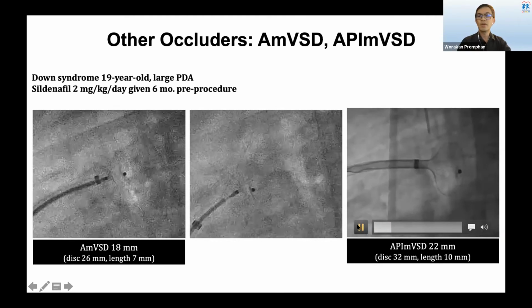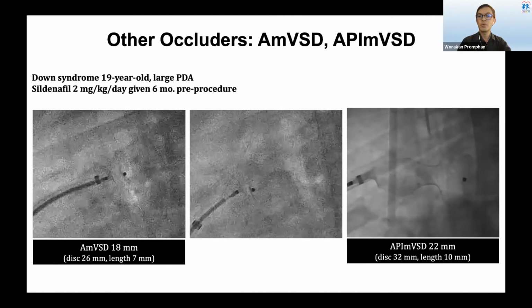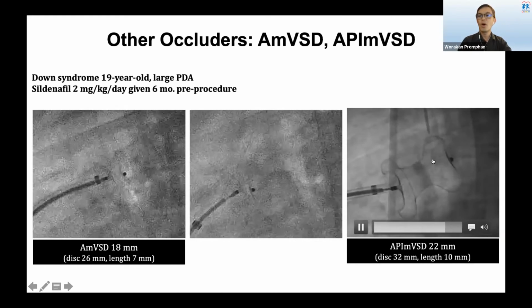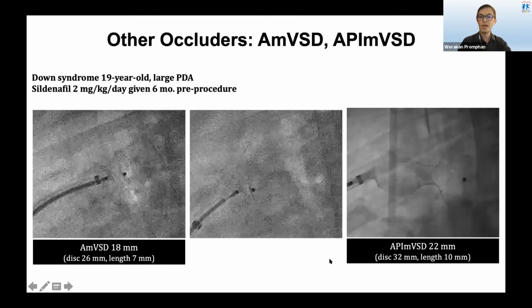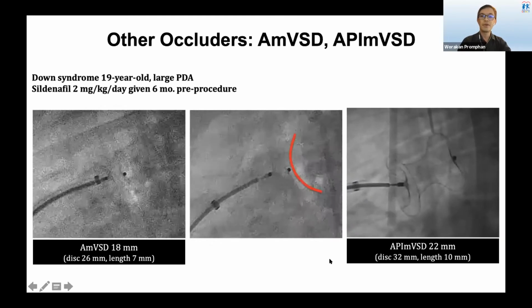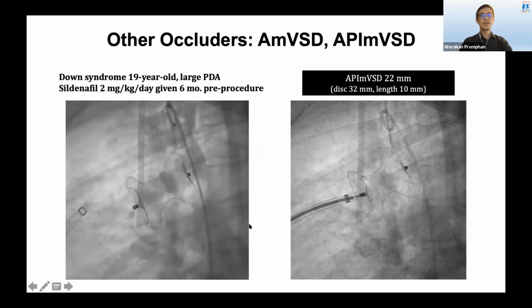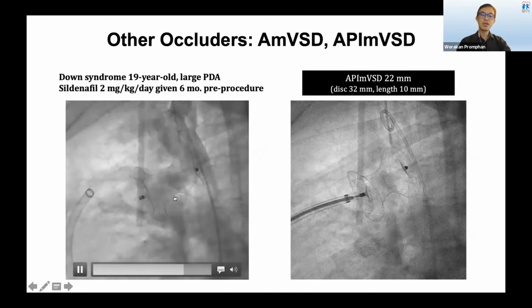So that's one of the reasons why we decided to put the bigger device, 22 millimeter, and also we add a little bit more on the disc on both sides in order to make sure that the device is going to stay there forever. So that is the thing that we need to be concerned about sometimes.